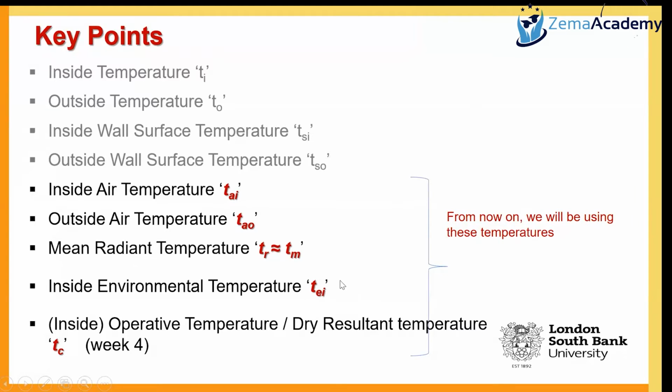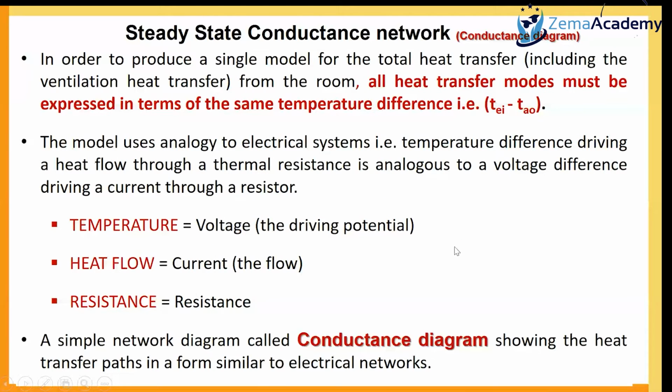So let's start with the conductance part. Now, up till now, you have seen that we have brought all those terms, thermal transmittance or thermal conductance or ventilation conductance, or the difference between temperature, and modified those.